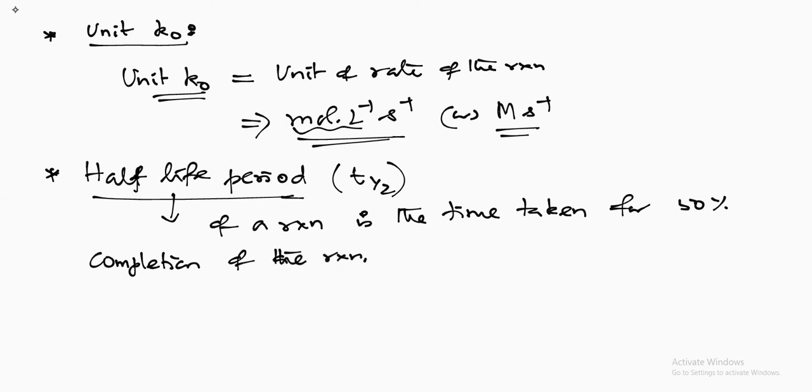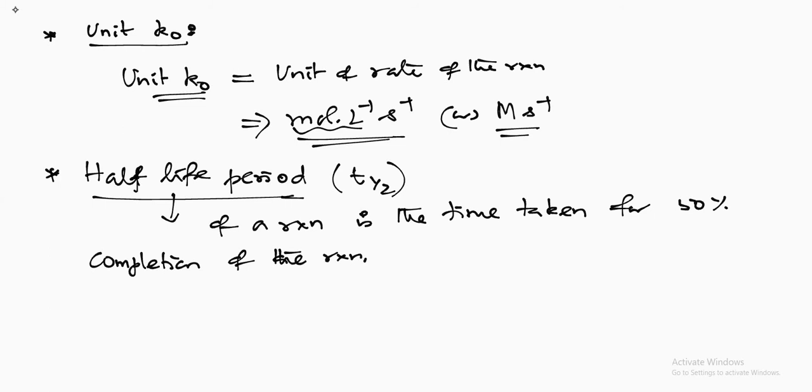Very simple. Half-life period is nothing but the time taken for 50% completion of a reaction. Suppose I start with 1 molar initial concentration of a reactant, then you see what time is required for the concentration to become 0.5. That is called 50%. That time is nothing but the half-life period of the reaction.